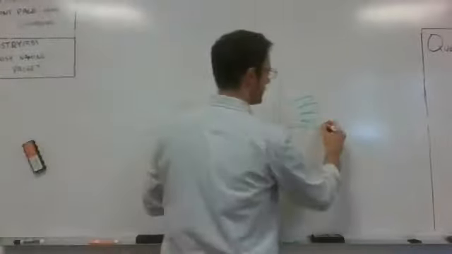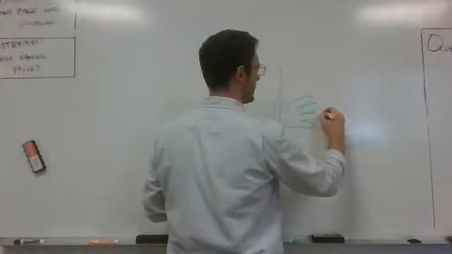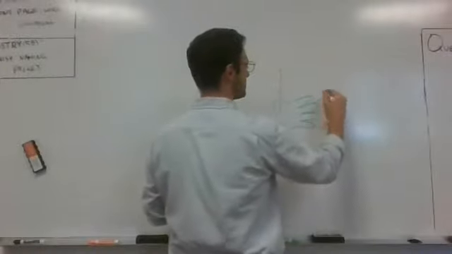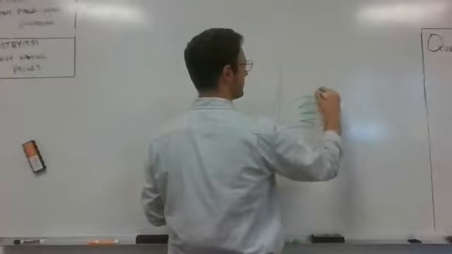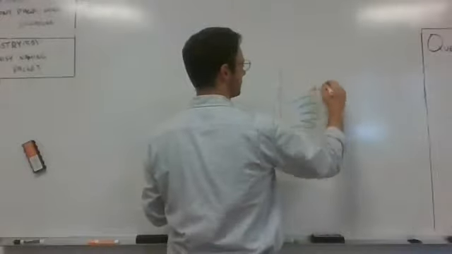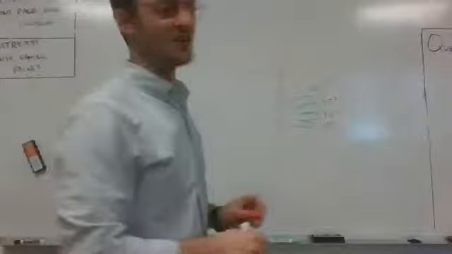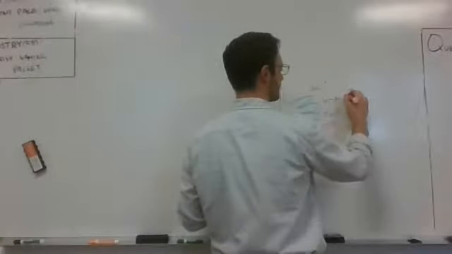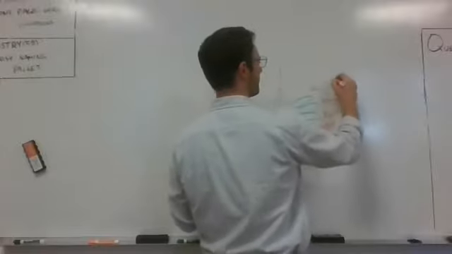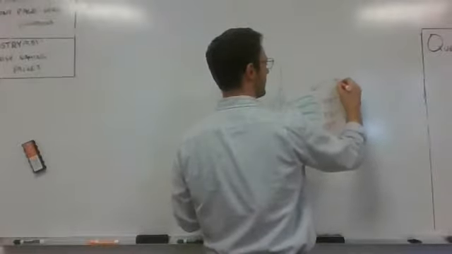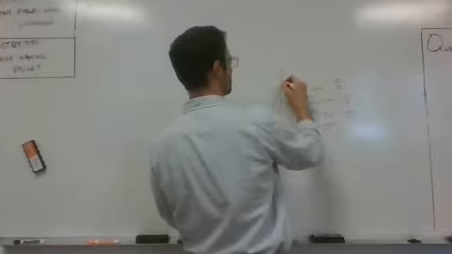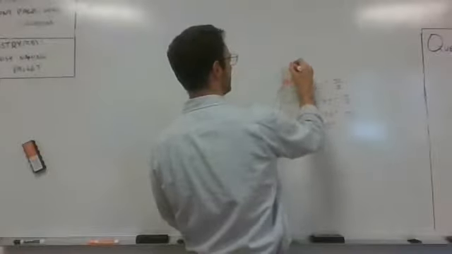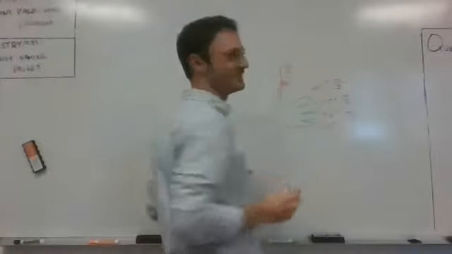So we have 0 degrees, we have 30 degrees, we have 45 degrees, and we have 60 degrees. And in radians, don't forget that is pi over 6, pi over 4, pi over 3, and just for good measure, we'll put 90 degrees in here, or pi over 2.